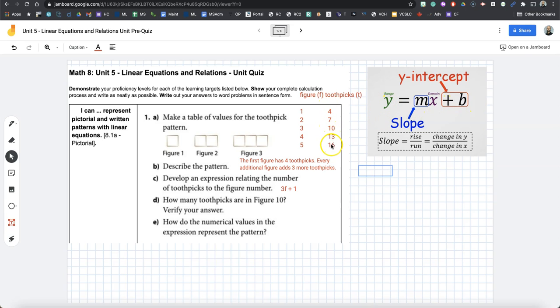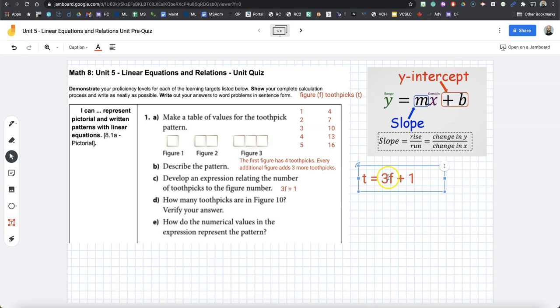Here's my y column, so I'm going to write t instead of y. T equals 3f, that's 3 times the figure, plus 1. That is the equation I'm going to work from.